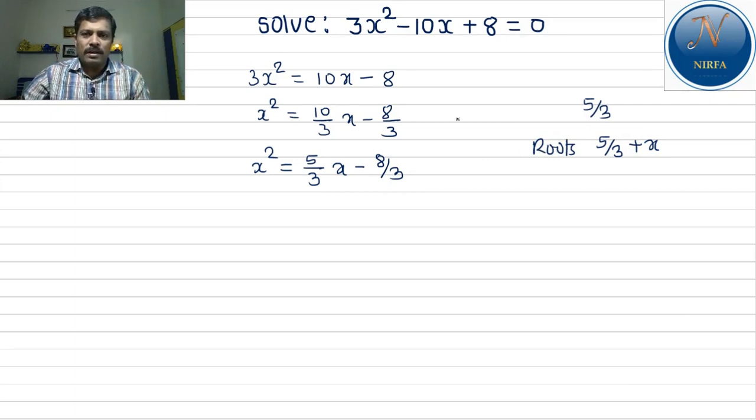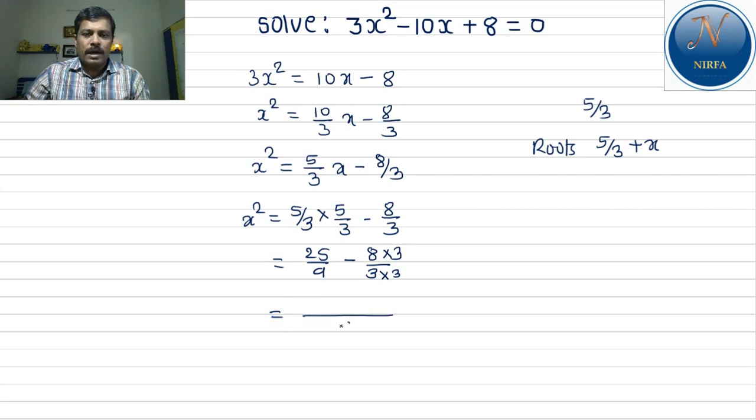For that, you put this 5 by 3 here in place of x. So the setup will be 5 by 3 into x, putting 5 by 3, minus 8 by 3. Simplified, it is 25 upon 9 minus 8 by 3. Let us make the denominators the same. Now the denominator will be 9. It becomes 25 minus 24. So the value of x square is equal to 1 upon 9.